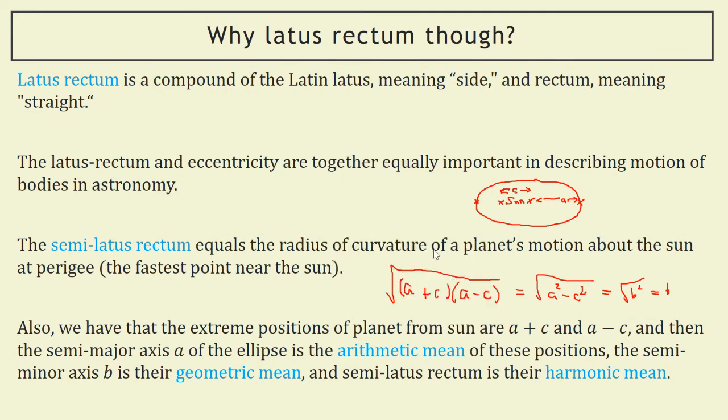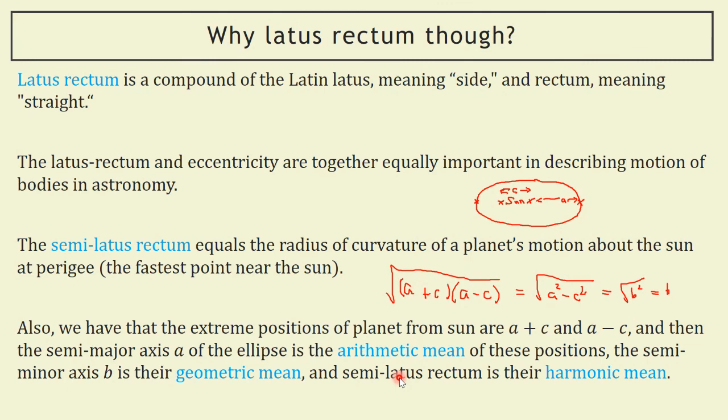And then the semi-latus rectum makes this up. So we've got the semi-major axis, semi-minor axis, and the semi-latus rectum is the harmonic mean. What's the harmonic mean? To get the harmonic mean of two numbers, you get the reciprocals of each number first, and work out the arithmetic mean of those reciprocals.